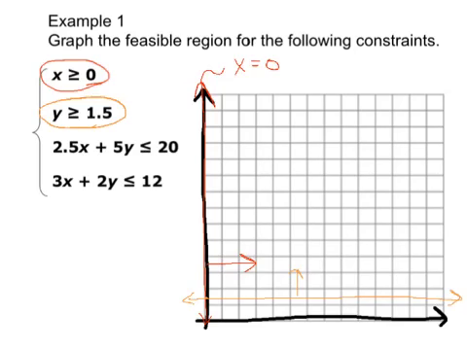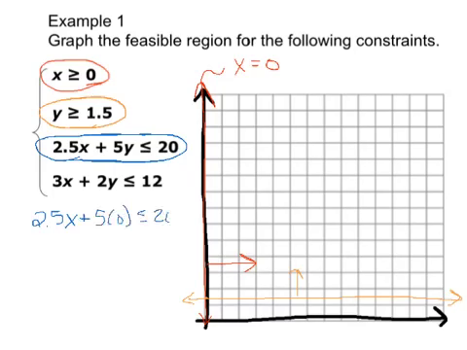Okay, the next one. Let's try it in blue. 2.5x plus 5y is less than or equal to 20. Again, x and y-intercepts are the easiest way to graph these things. So I'm going to find my x-intercept, so y is 0. 2.5x plus 5 times 0 equals 20. Sorry, when we find our intercepts, these can be equal to 20.